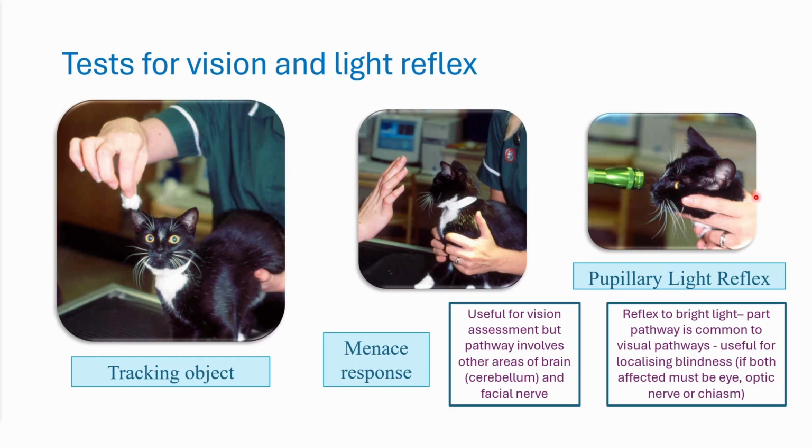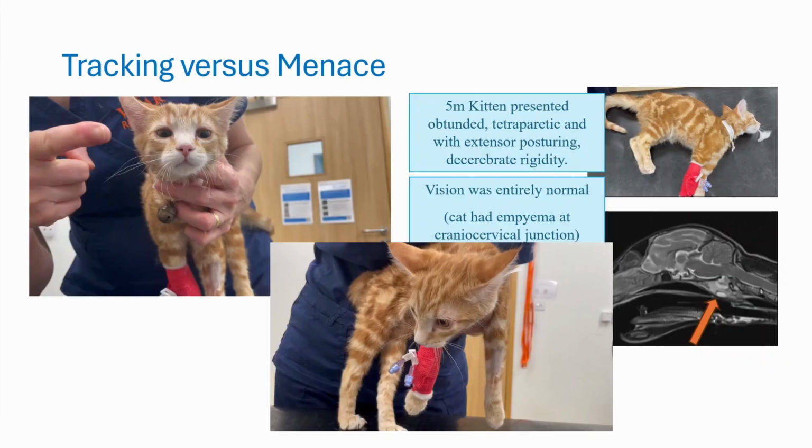So there is a commonality there with the optic nerve photoreceptors for vision. And so this test is very useful for localizing the blindness. And if both the pupillary light reflex and vision are absent, then this would suggest that the blindness is the eye, the optic nerve, or the chiasm.